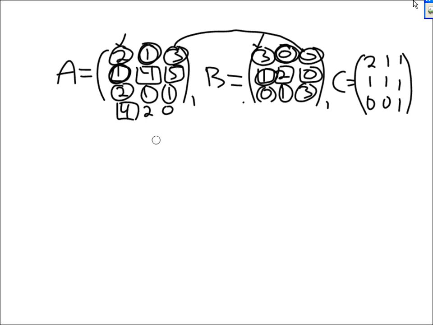My teacher talks about adding matrices, scalar multiplication of matrices, when are two matrices equal, what is a transpose, what is a diagonal, what's a scalar matrix, what's a diagonal matrix.